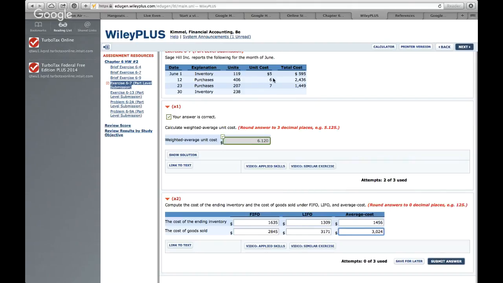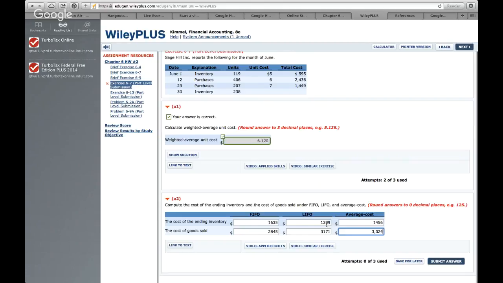The next amount in line is $6, so 119 times 6 is $714. When adding those two together, I get 1309, which I put down here.